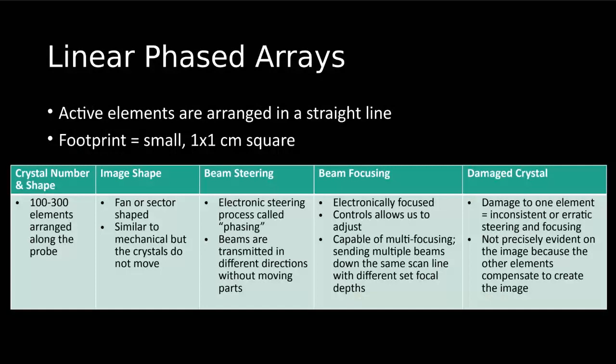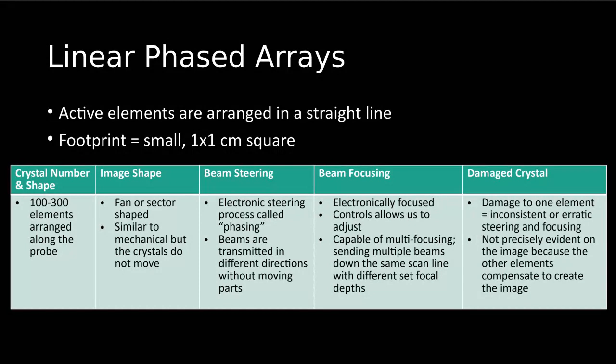As for beam focusing, again, we can do this electronically as well. This allows us to manipulate the focus of these beams from these transducers. These are also capable of multi-focusing. So we can say to the system, hey, instead of one focal zone, I want 2 focal zones, right? I'm feeling a little spicy, I want 2. So this means that we're sending in multiple beams down that same exact pathway, but they have different focal depths.